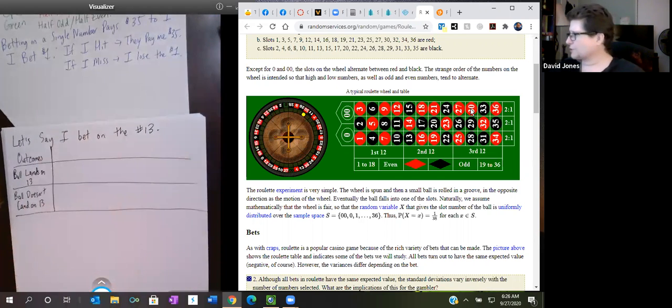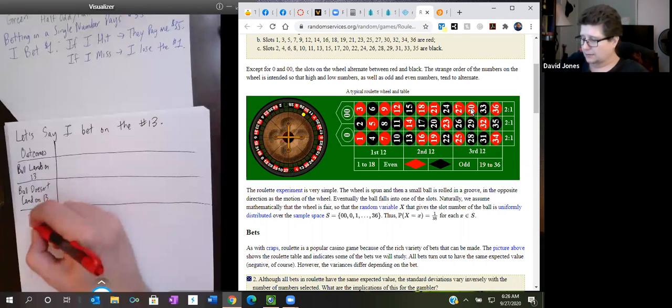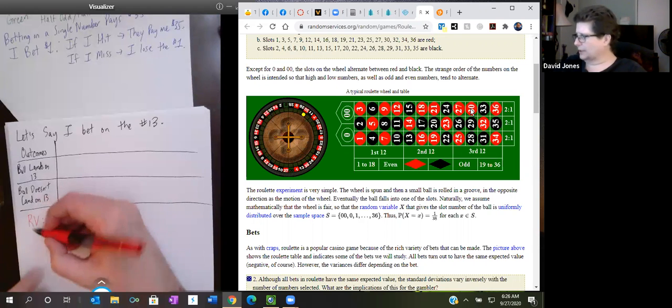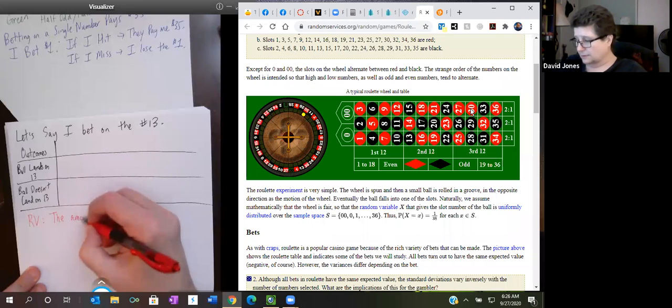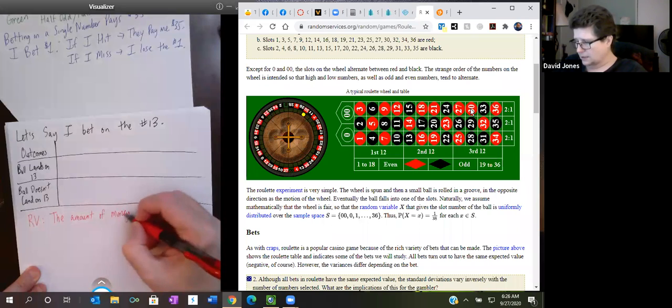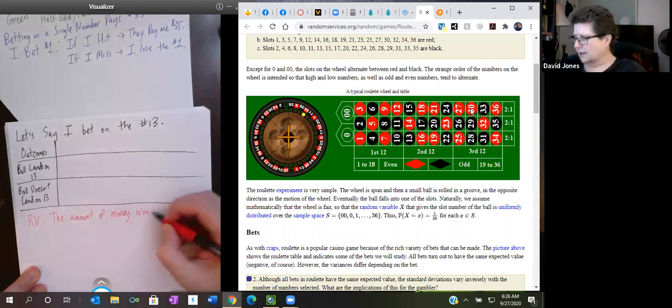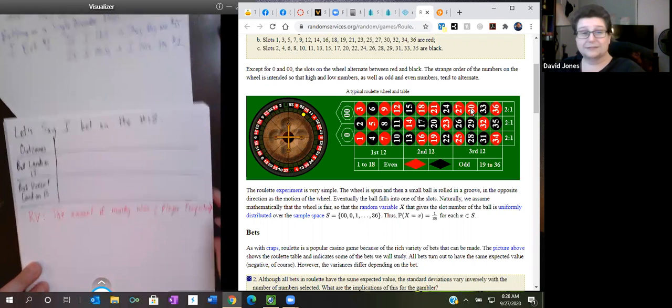Random variables are associated with something numerical. So let's make my random variable. The random variable is the amount of money won. And we're going to do this from the player perspective. It's completely backwards if it's the casino.